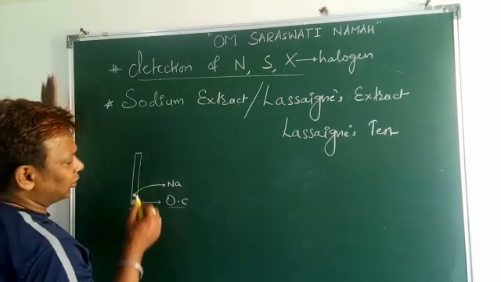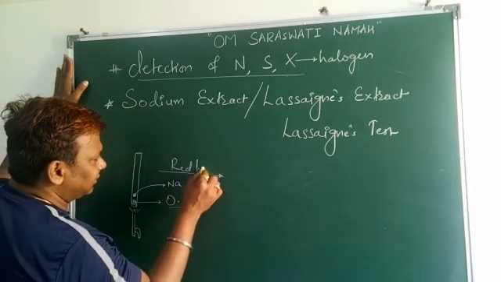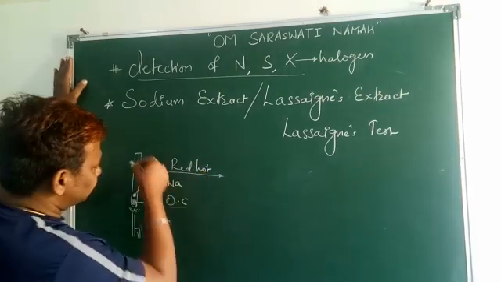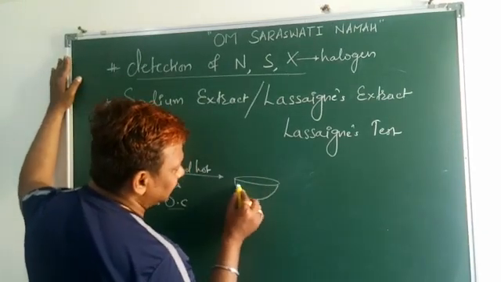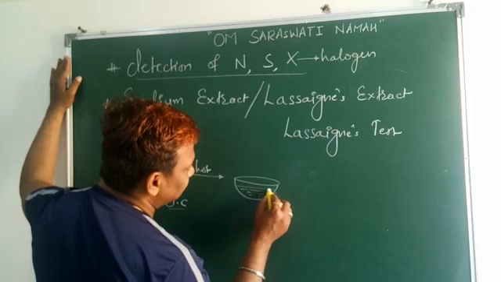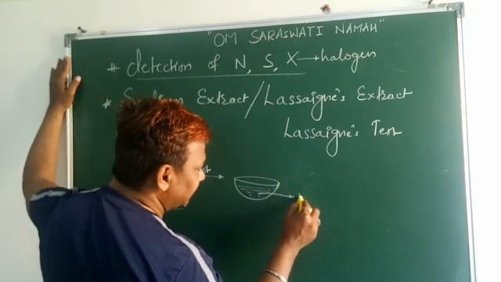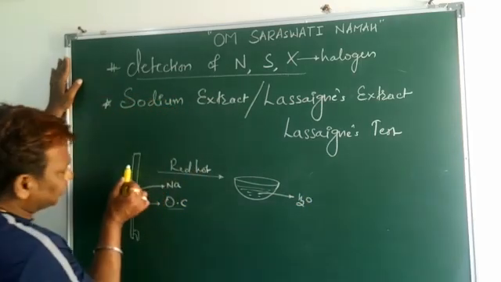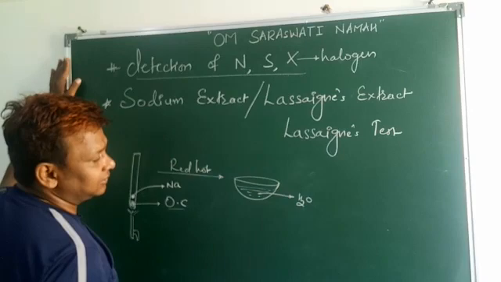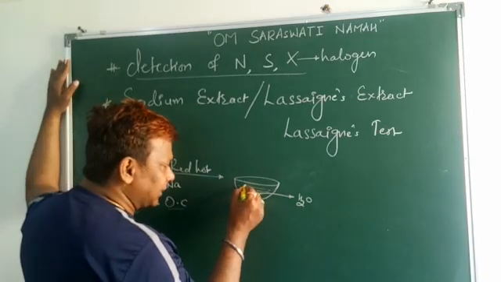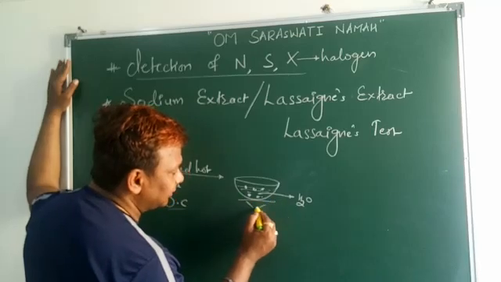As soon as it becomes red hot, put this small capillary tube in a crucible containing water. Let us say it is a crucible. This particular plate will be called a crucible, which contains distilled water, and put this small capillary tube in it, and with the help of a glass rod break it. By breaking we get pieces of the capillary tube in it, and now we should heat it.